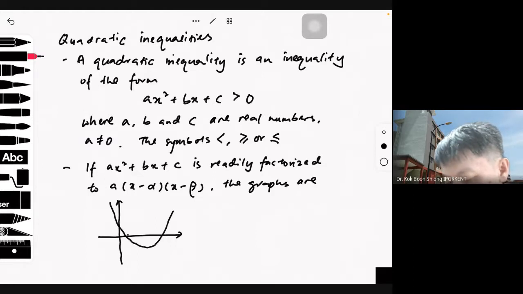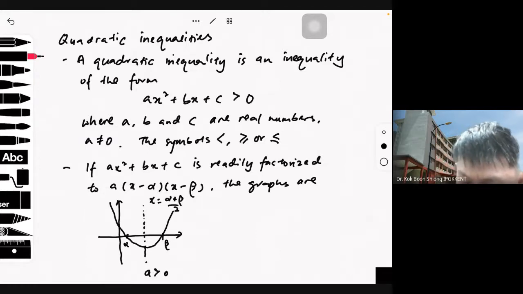Here we have alpha and beta. The vertex is at x equals alpha plus beta over 2. This one is when a is larger than 0.